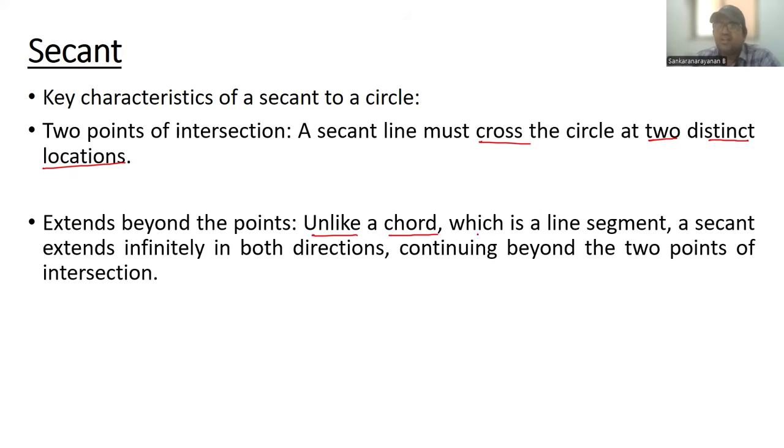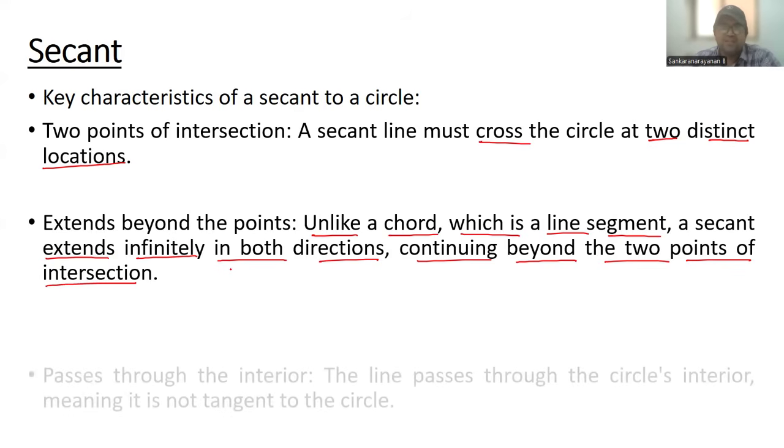Unlike a chord, which is a line segment, a secant extends infinitely in both directions. The secant can continue beyond the points A and B that I have shown you, because a secant is a line. Got it? But the chord is a line segment. That's one difference that you have to keep in mind.